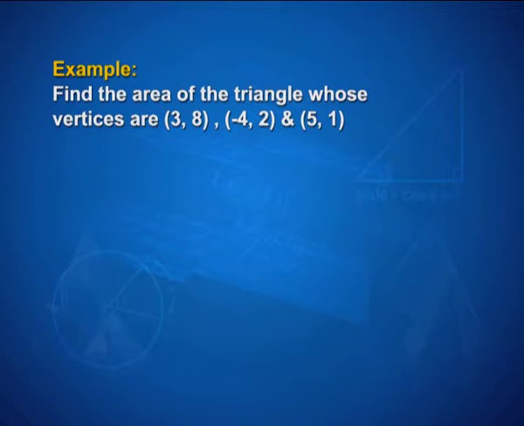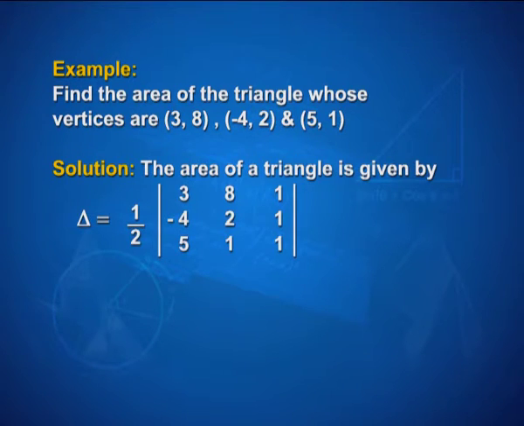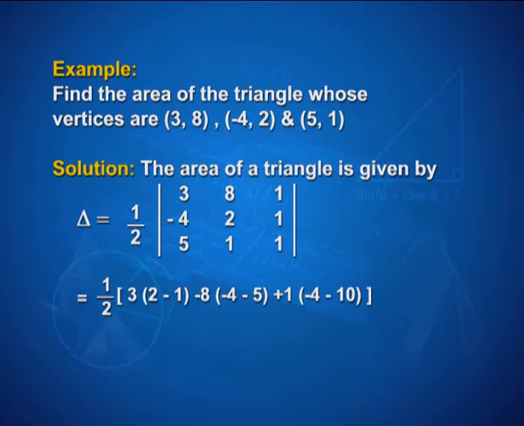Now, students, let us solve a problem using the above formula. Find the area of the triangle whose vertices are (3, 8), (minus 4, 2) and (5, 1). For the solution, as we know, the area of the triangle is given by the formula half of determinant 3, 8, 1, minus 4, 2, 1, 5, 1, 1 can be simplified as half of 3 into 2 minus 1 minus 8 into minus 4 minus 5 plus 1 into minus 4 minus 10.